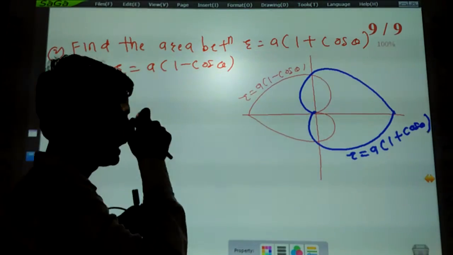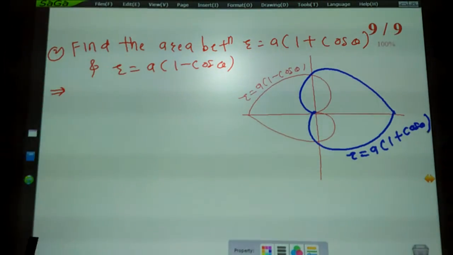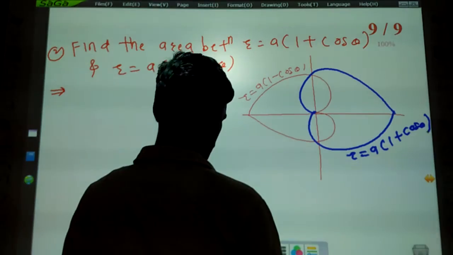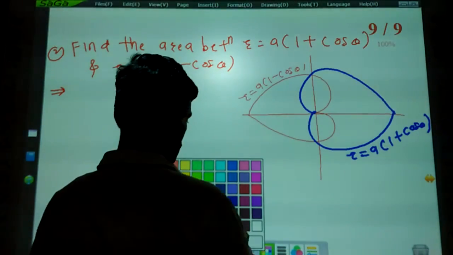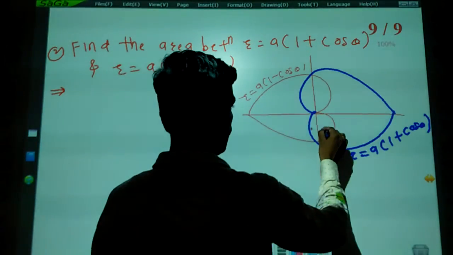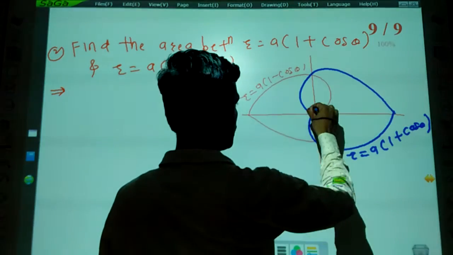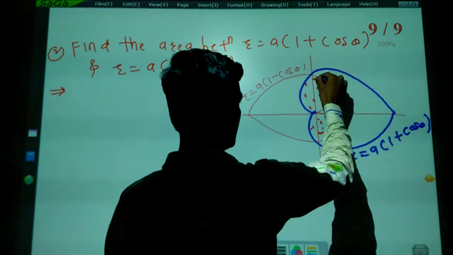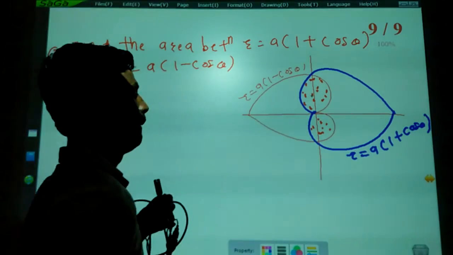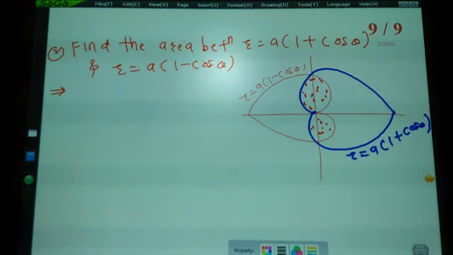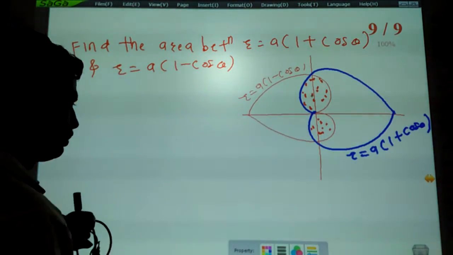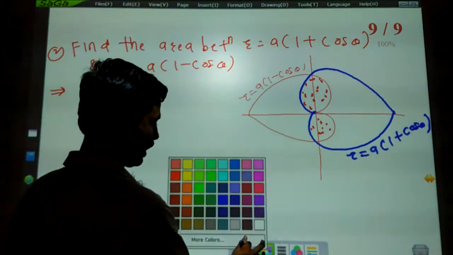So which is the common part in between them? The common part in between them is this. Okay, this is the common part. But to calculate this common part, firstly we will think about the first quadrant.